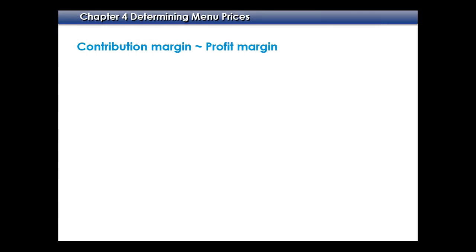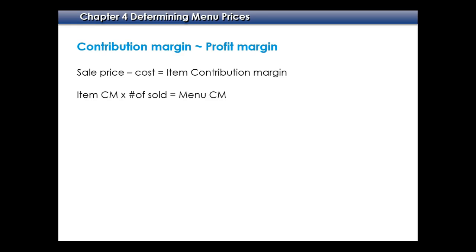I'm going to go over it. So basically your contribution margin is your profit margin. So your sales price minus the cost will give you the contribution margin. So you take the individual item contribution margin and times it by the number sold. That'll give you your menu contribution for each item.